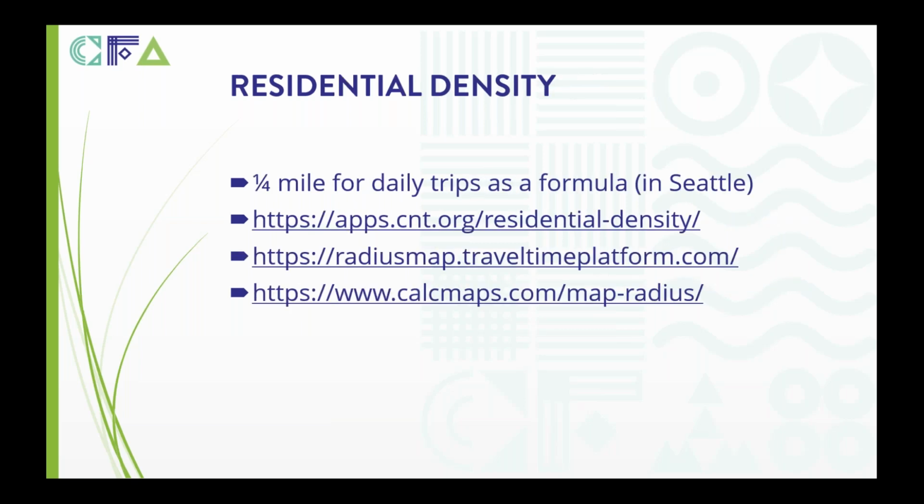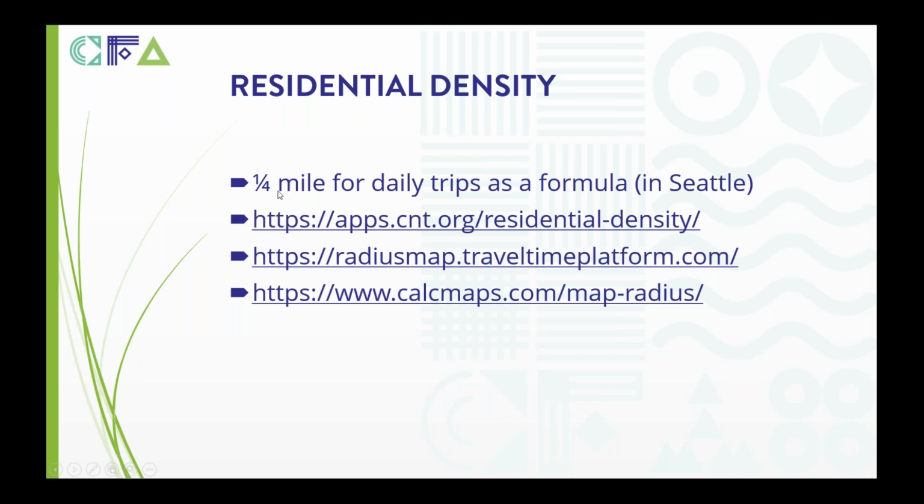The next thing you want to think about is residential density. This one's actually really interesting. In the report that's in the handouts, it talks about a quarter mile for daily trips as a formula.